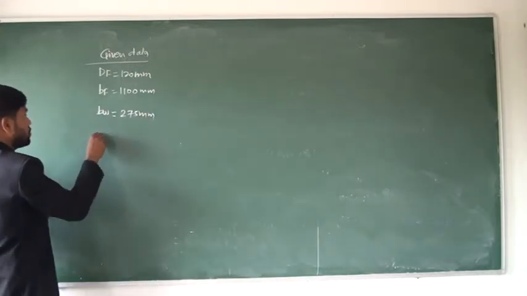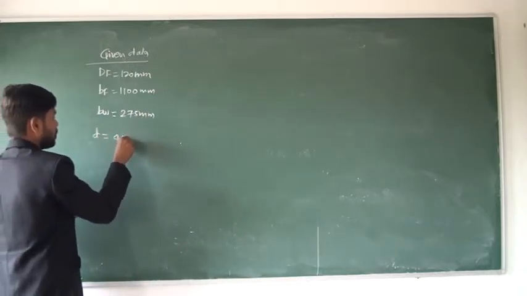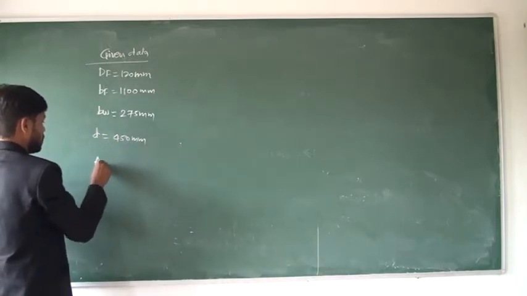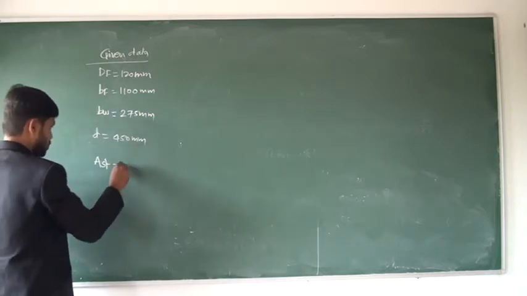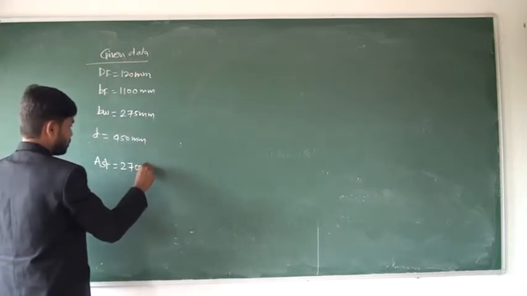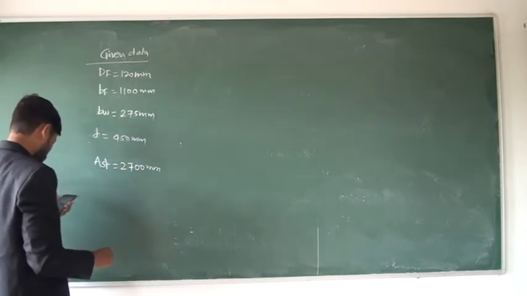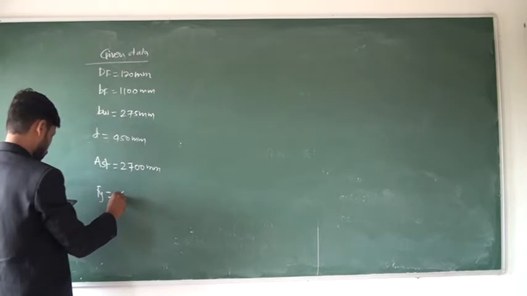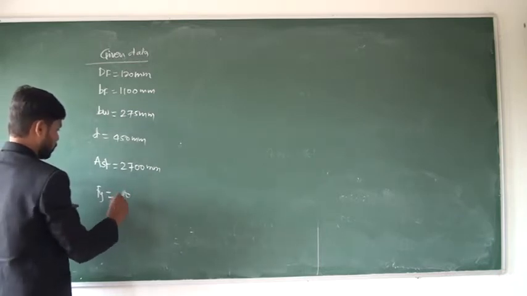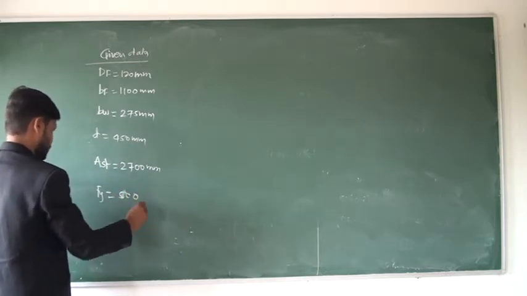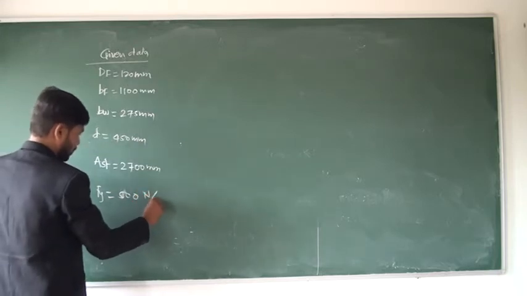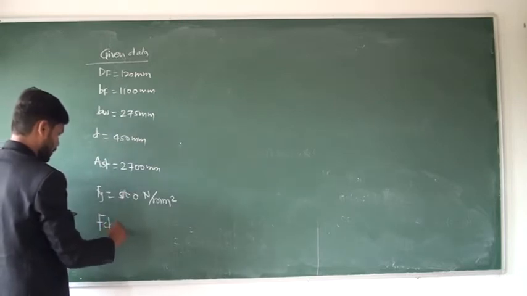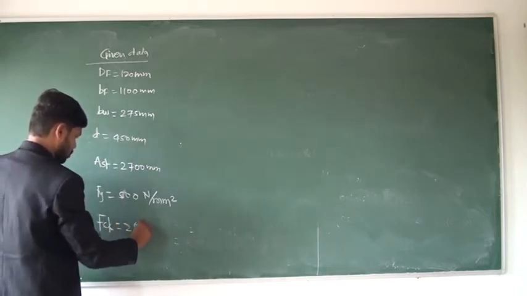Next, D is given, it is 450 mm. Then AST is given, it is 2700 mm square. Then FY value is given, it is 500 Newton per mm square, and concrete grade is given, it is 25 Newton.